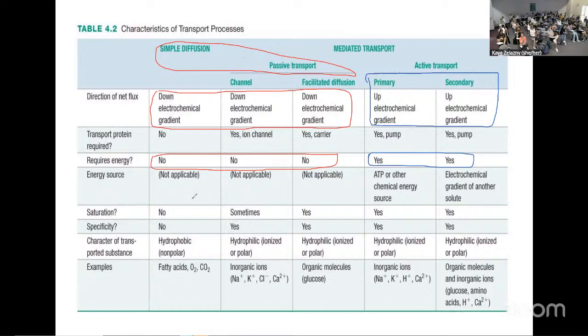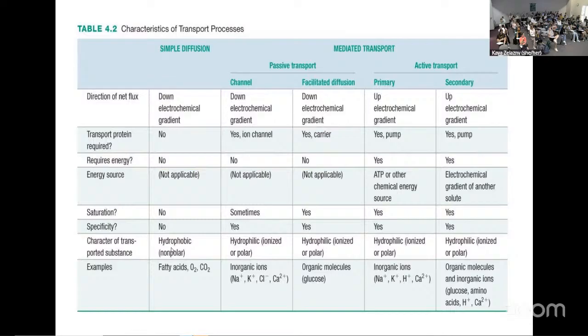Right? So we can also see how that links up to what type of molecule is being transported with a couple common examples here. So you definitely want to be able to fill in something like, what are the directions we're looking for? Do we need transport proteins? Do we need energy? What type of energy is that?